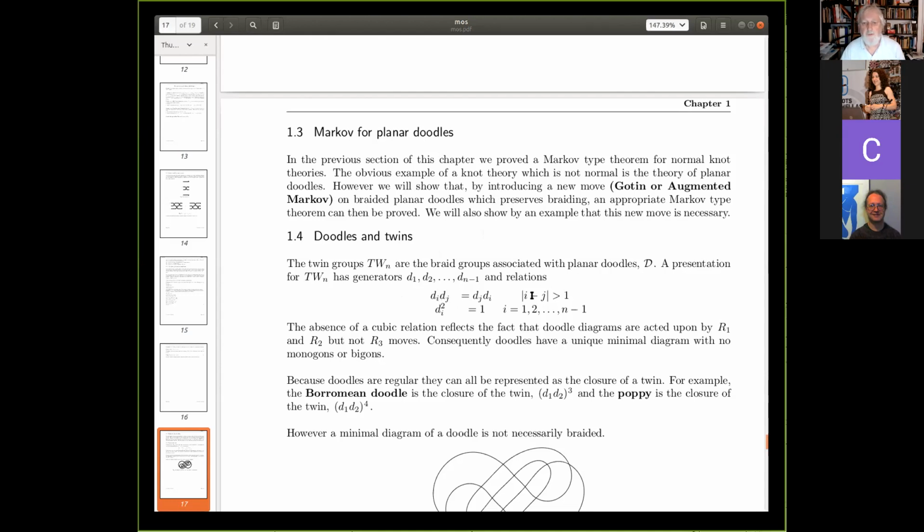They commute if they're far enough apart, and di squared is 1. That's all, and there's no triple relation at all, no cubic relation, because they're doodles. Because of that fact, it's very convenient. It means that doodles have a unique minimal diagram with no monogons or bigons. And because they're regular, they can all be represented as the closure of a twin.